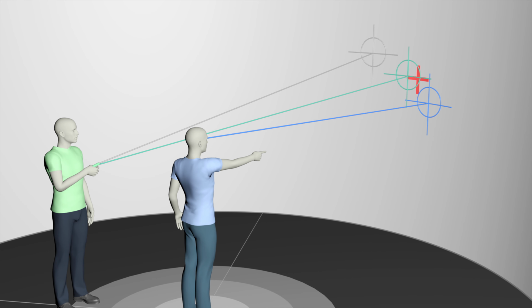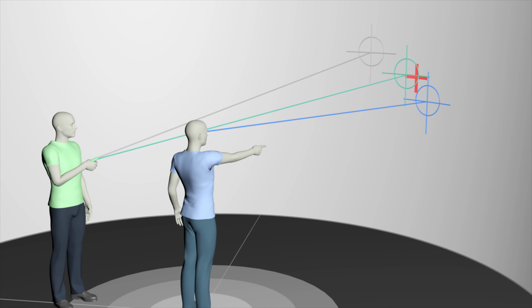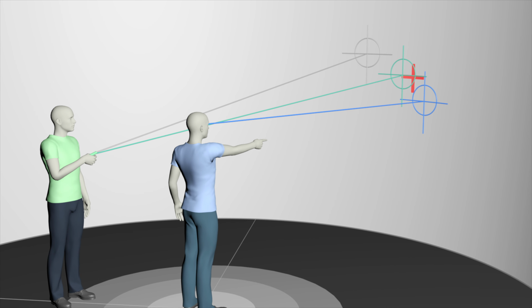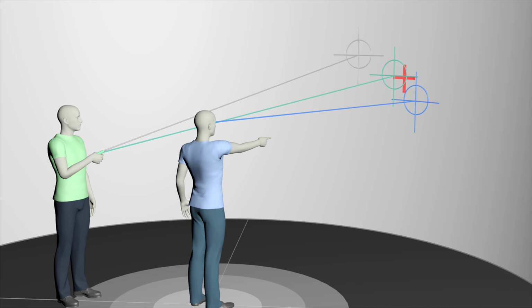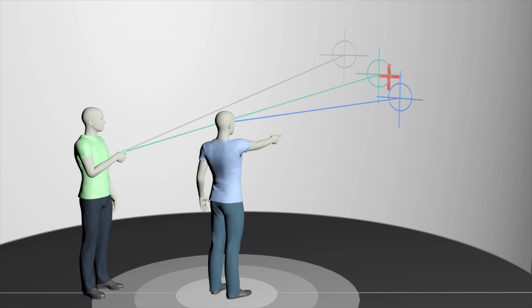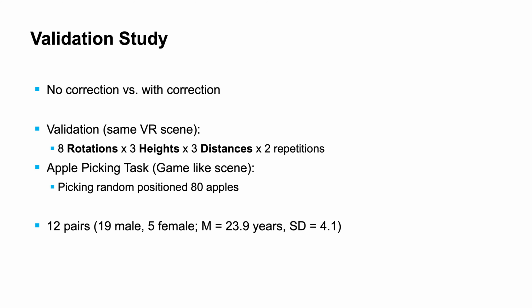And now to confirm this hypothesis and actually validate our model, we run a second study in which we compare the non-corrected, not warped arm against the warped arm version. So as already said, the main factor here will be no correction versus with correction. And the second study is split into two parts.